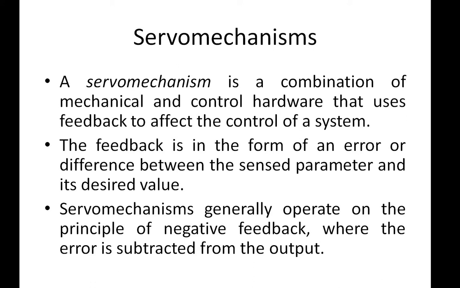Now the feedback, as already written here, is in the form of an error, the difference between the sensed parameter and its desired value. Suppose the sensed parameter is the load.